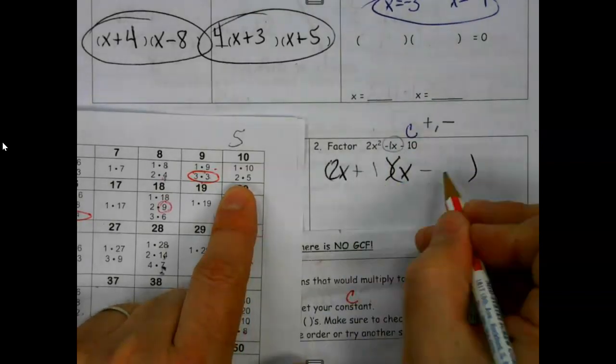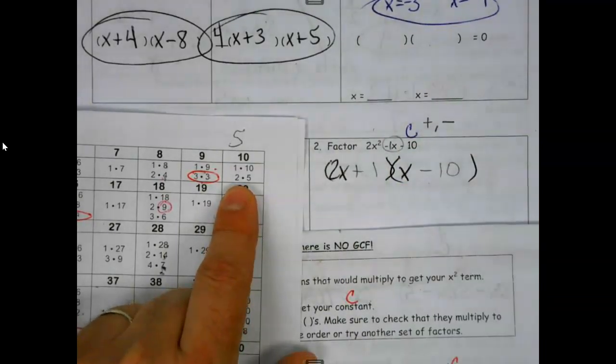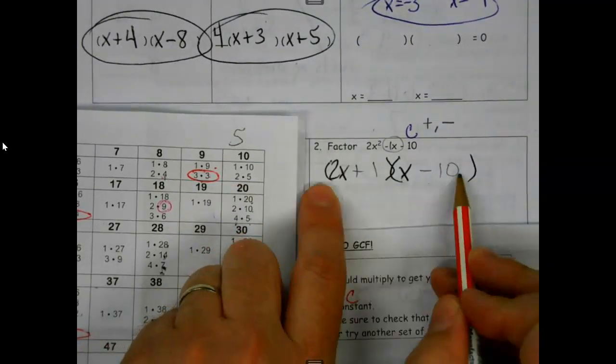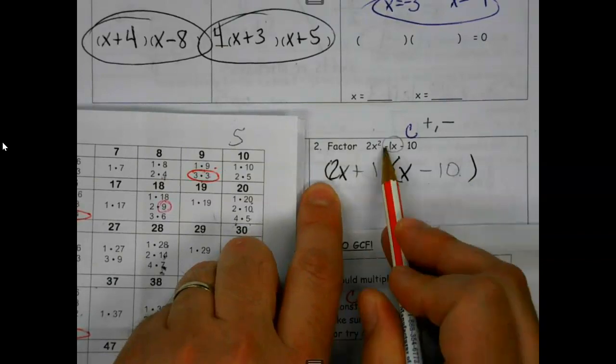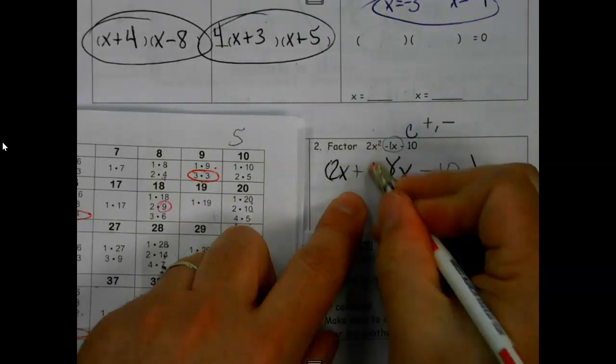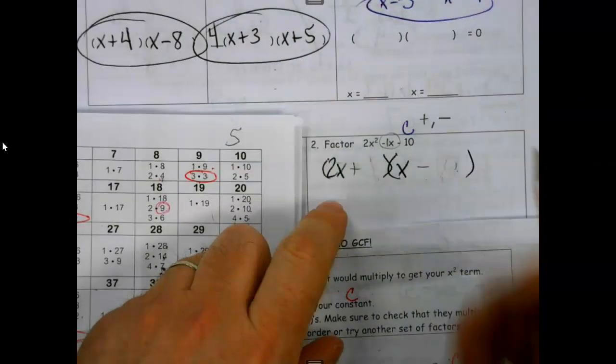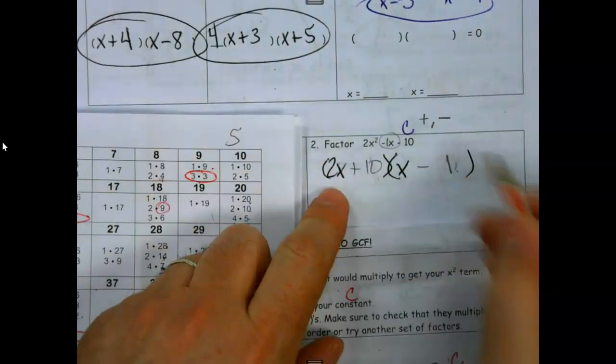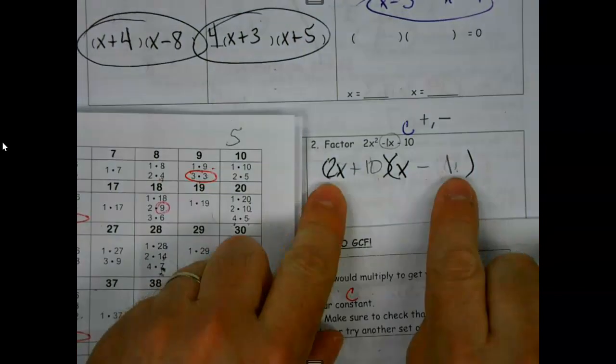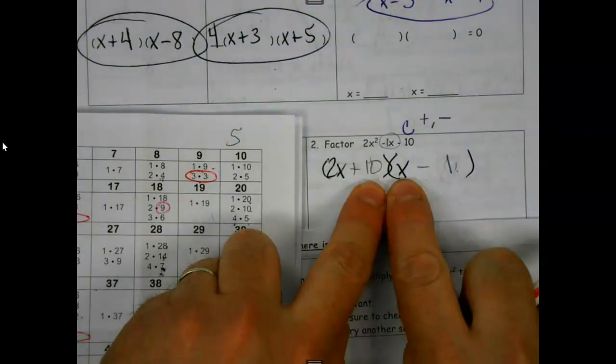So I got 1 and 10. Positive 1 and negative 20. I don't think that's getting a negative 1. So that wasn't cool. Let's try flipping them around. Positive 10 and negative 2.